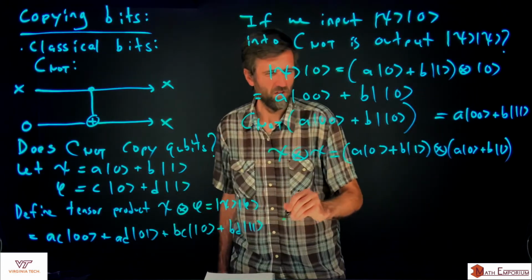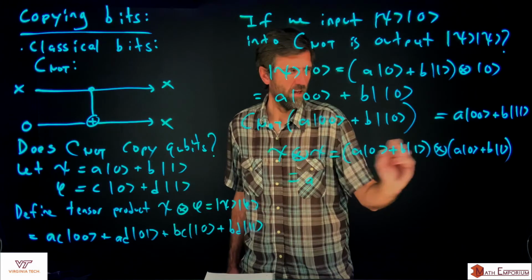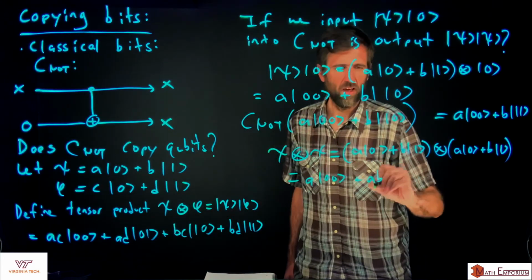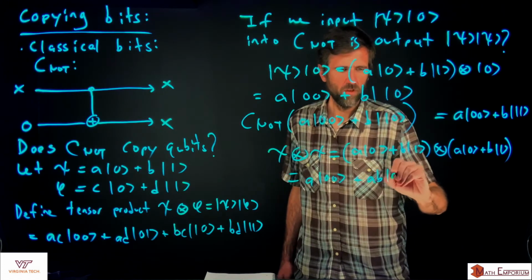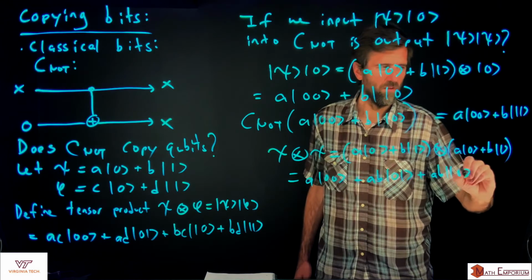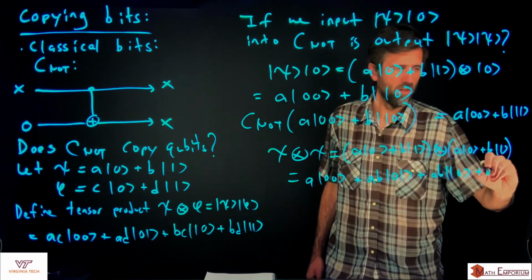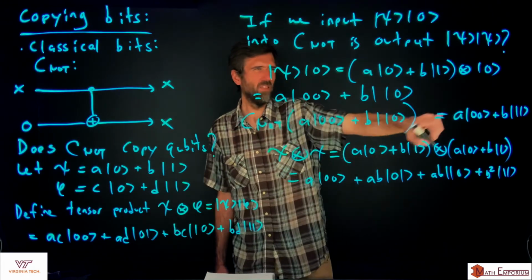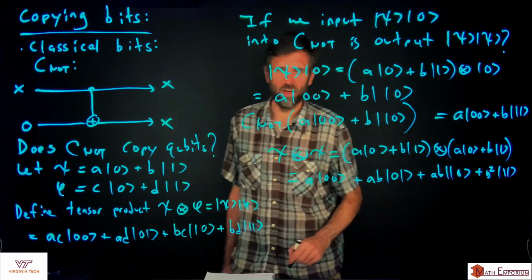Psi tensor with itself is going to be A squared 00 plus AB 01 plus AB 10 plus B squared 11. And in general, these two things are not equal to each other.